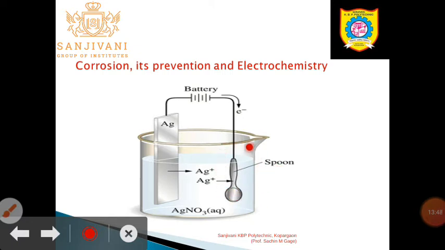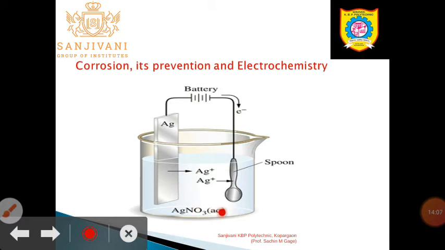Here we are going to take a pure strip of silver metal. The silver plate, strip or rod is taken, and the corresponding salt solution, the salt of silver, is silver nitrate solution.